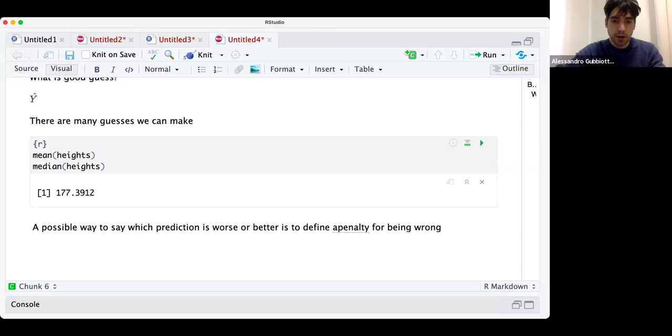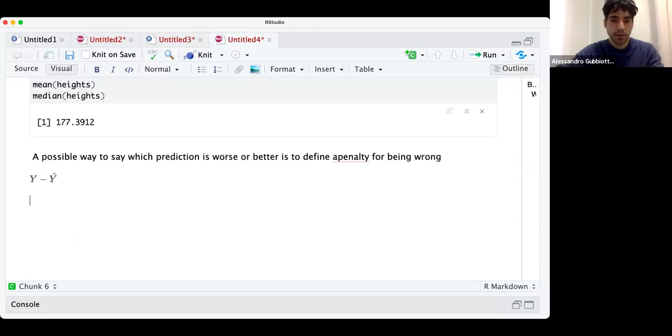So possible penalties. If y is our variable, we can take y minus our prediction, which is called y hat, and take the absolute value, because the penalty to pay has to be positive.